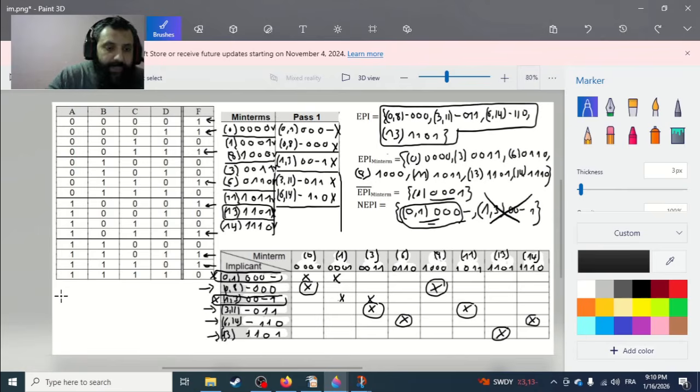We can write the function here, the function of 4 variables a, b, c, d. It's equal to, okay, let's start with this one. This one, we have a deleted, we have b bar because it's 0, c bar because it's 0, d is 0, that means d bar. Or, this or is related to the SOP.